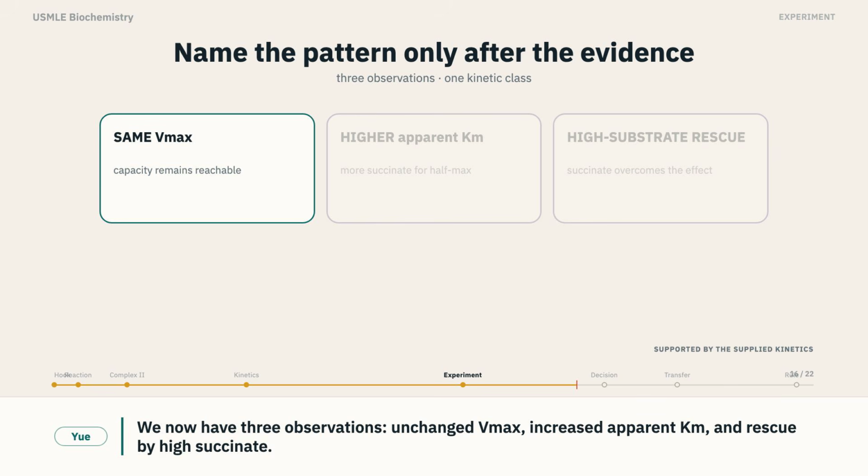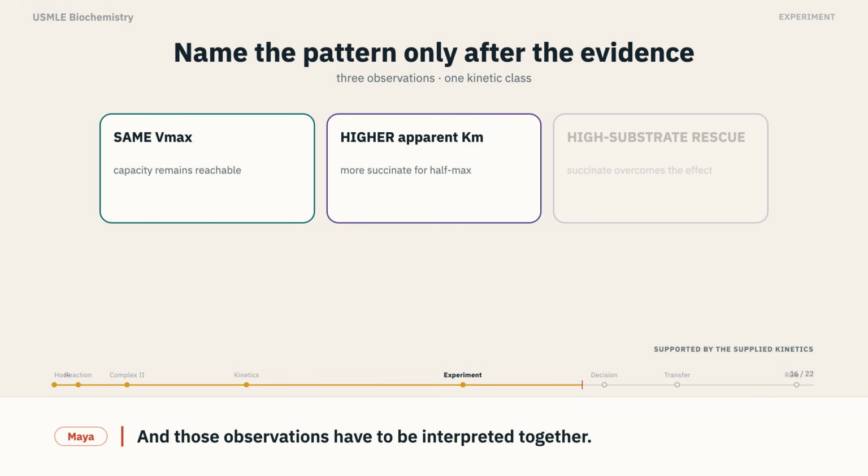We now have 3 observations. Unchanged Vmax, increased apparent Km, and rescue by high succinate. And those observations have to be interpreted together. Unchanged Vmax tells us the original maximum capacity remains reachable.